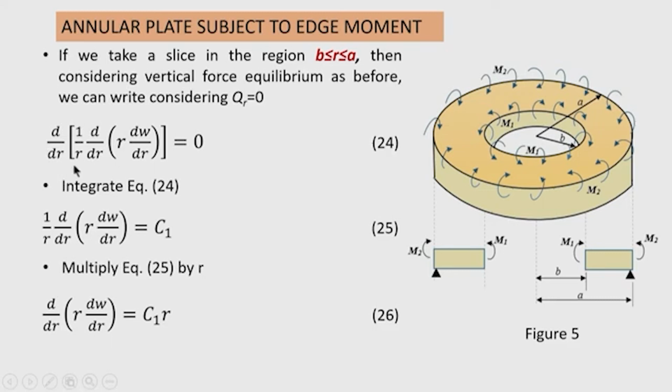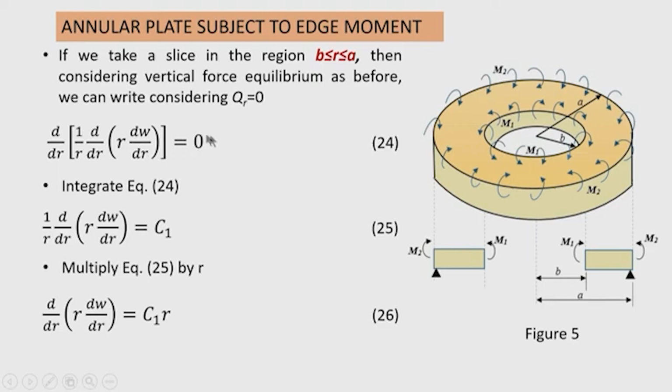So, this is the expression for shear force, and this is equal to 0 because no shearing action takes place here because no load is there. So, this indicates that the homogeneous equation has to be solved to find the deflected surface.